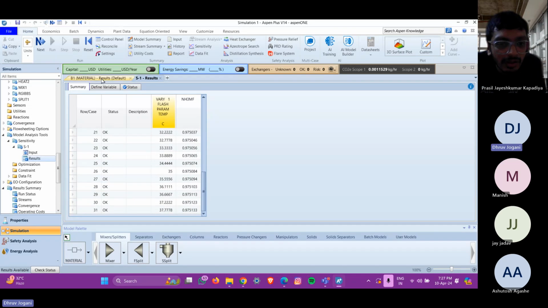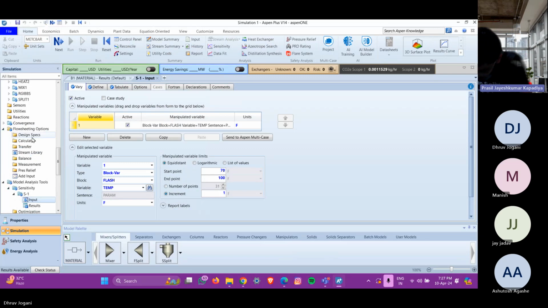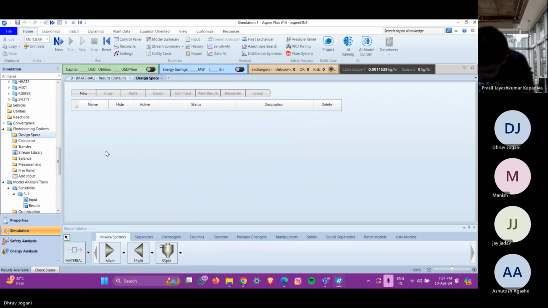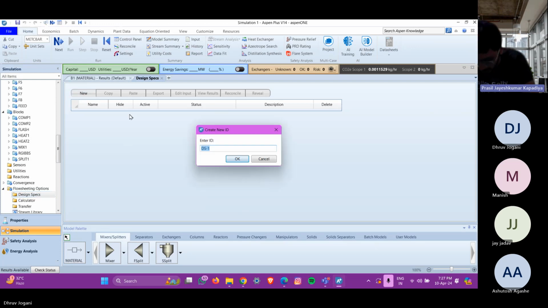Sir, can we vary the temperature of the reactor? Go to design. The reactor temperature you want to vary, what is the value right now? Sir, it is already at 900 Fahrenheit. It's fine. Reactor temperature won't affect. Do the same exercise with the flash temperature only.